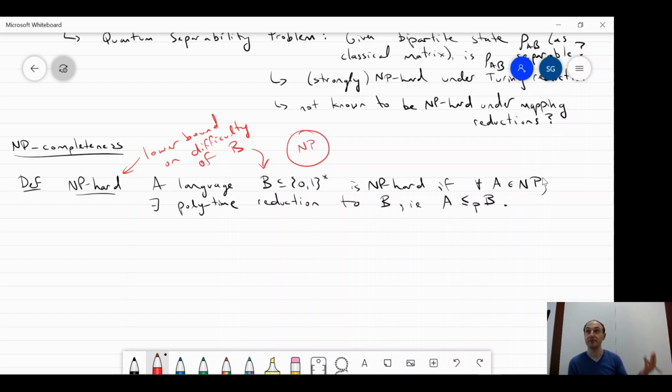NP is a set of languages, each of which is in turn a set of strings. What we know is that B could be somewhere here. It's at least as hard as anything in NP, but it's also entirely plausible that it's something much harder. It could entirely be that B is out here.